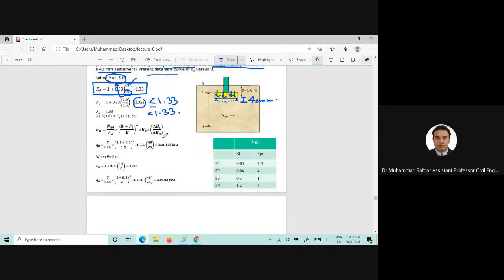We will calculate and we will find out that it's 268 kilopascal. Then we will do calculation for B equal to 2 meter, and we will come up with 234 kilopascal.